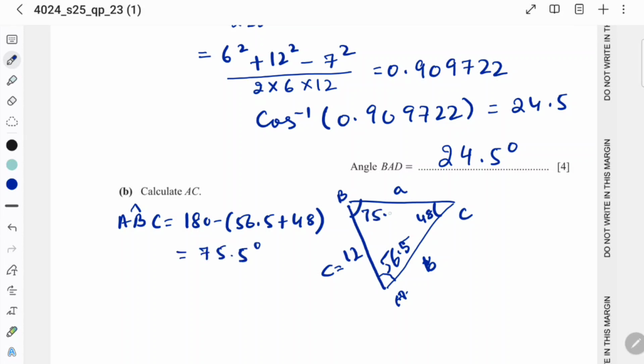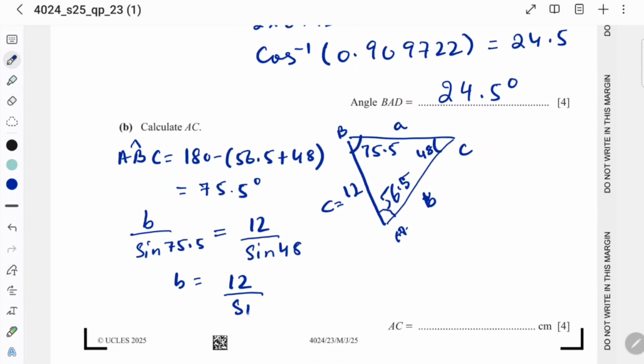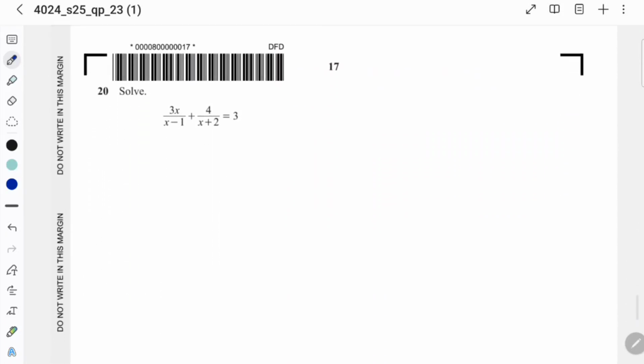Now B upon sine 75.5 is equals to 12 upon sine of 48, opposite to 12 is 48. So B is equals to 12 upon sine 48 times sine 75.5. Use your calculator, it should be in degree mode, and find your answer. It is 15.6.